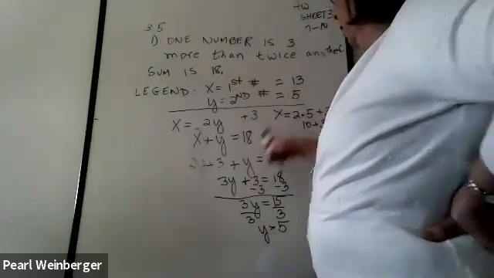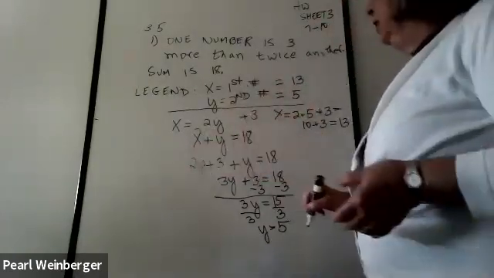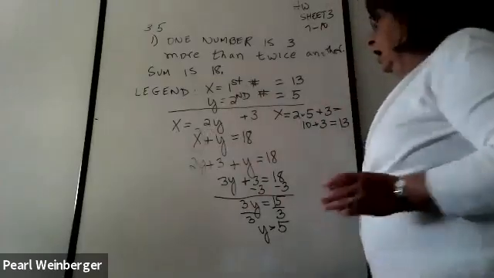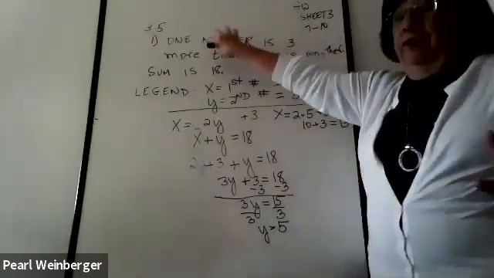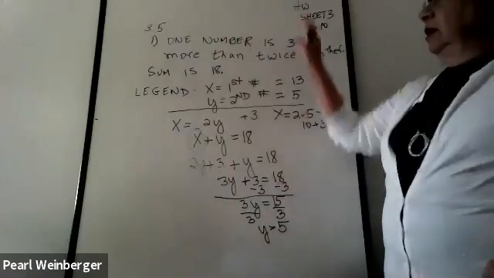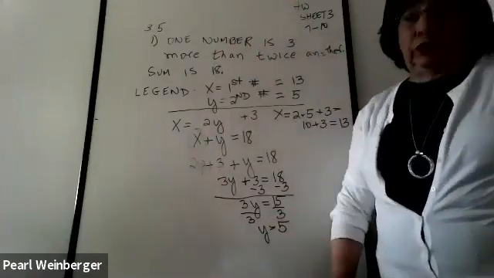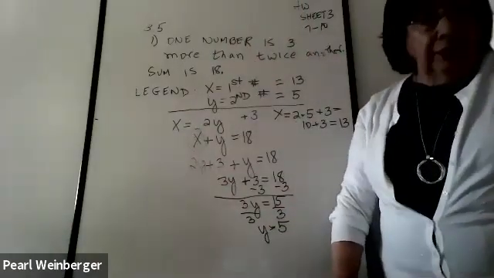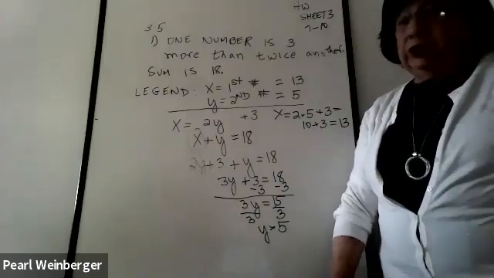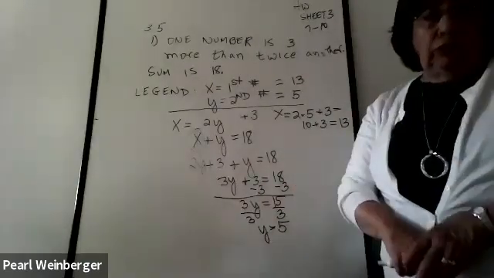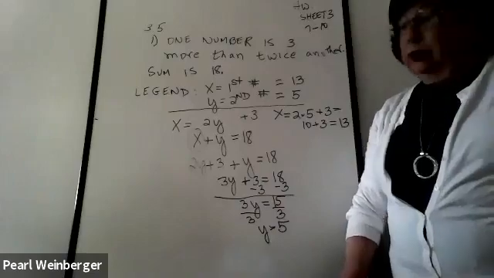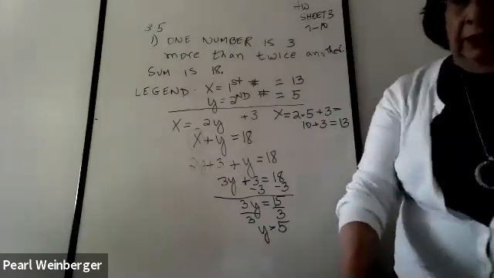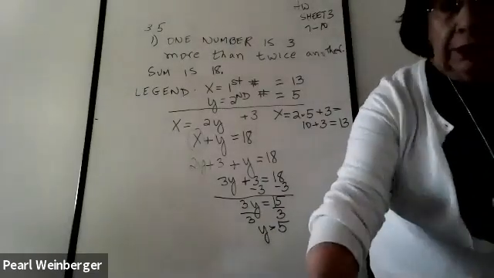Notice they do add up to 18, which is what we needed them to do. So here's how we take a verbal problem and translate it into an algebraic system of equations and solve it to get our answers. Okay, let's try another example.